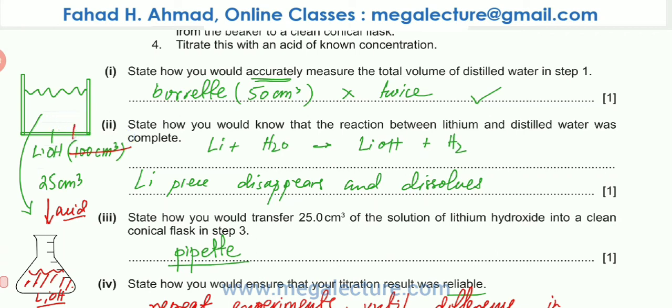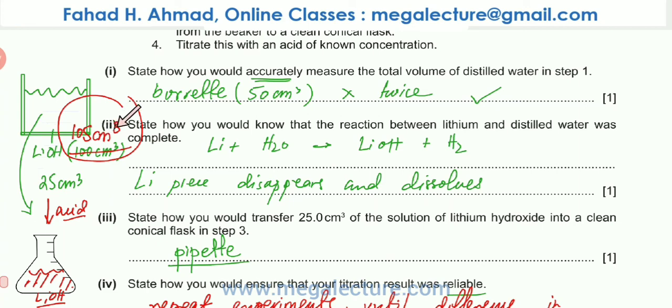Let's say there's 5 cm3 of water in the beaker already, so that's where your error is going to start. The amount of solution that you're producing with the same amount of lithium is greater. You're thinking it's 100 cm3, but it's actually 105 cm3 because you haven't dried the beaker. So there's some water, let's say 5 cm3, already present in the beaker. That's where the error starts.